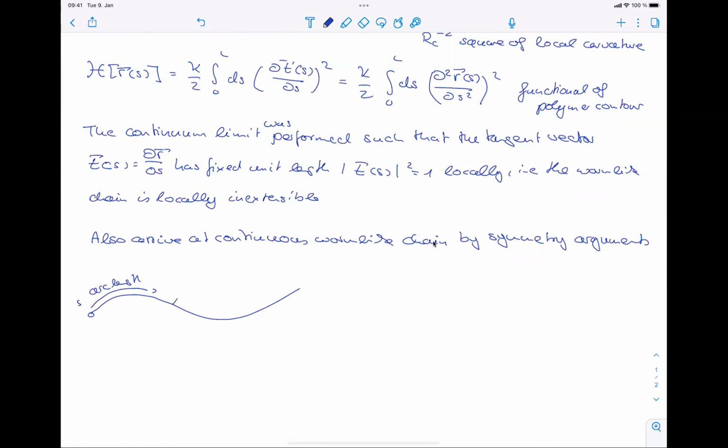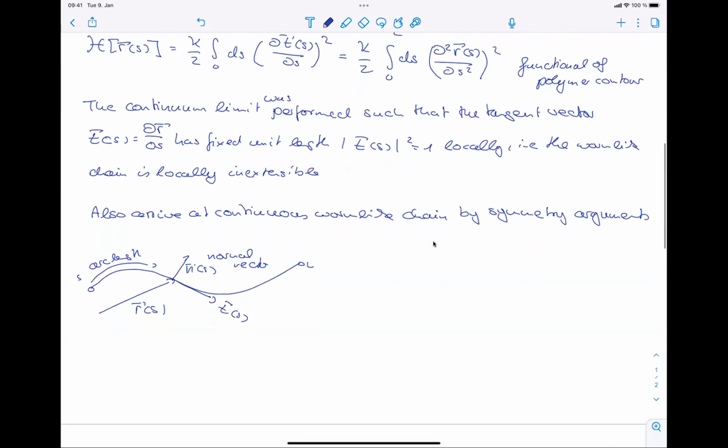And I can describe now this contour by the local tangents along this curve, and the normal vector, and also obviously R of S. And now, what is the elastic energy of a continuous space curve?